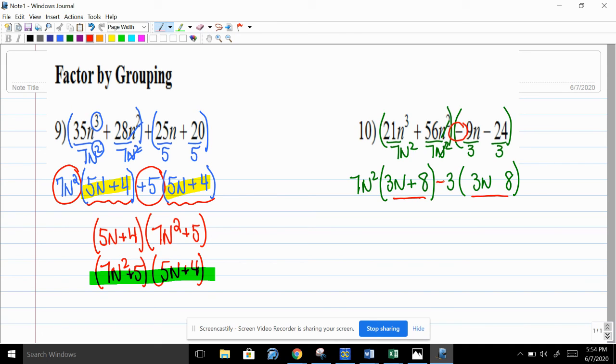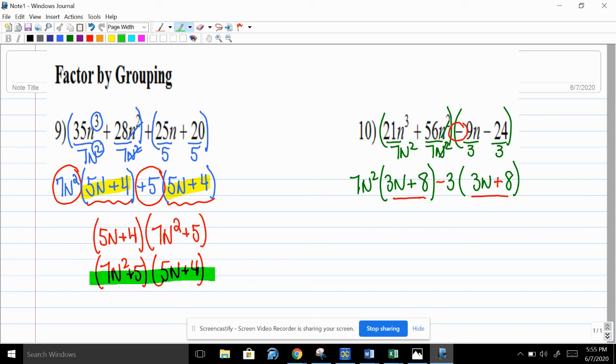A negative is going to come out. That 3n now becomes positive. This 8 now becomes positive. You're allowed to do that to change the signs. It's kind of just like distributing a negative. When you distribute a negative sign, it changes the signs of everything on the inside of the parentheses. It works the exact same if you do the reverse. If you take out a negative, that's also going to make it the opposite.